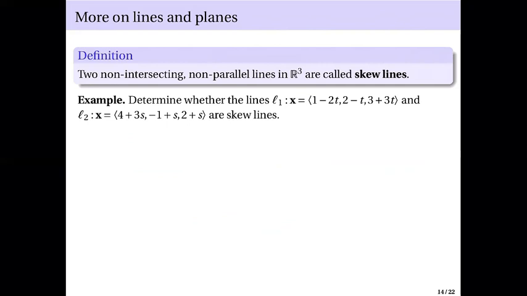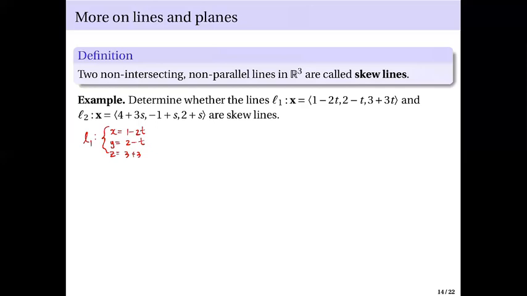So if you look at L1, let's write L1 and L2 in the parametric equations form. Your L1, you have x equals 1 minus 2t, y equals 2 minus t, z equals 3 plus 3t.